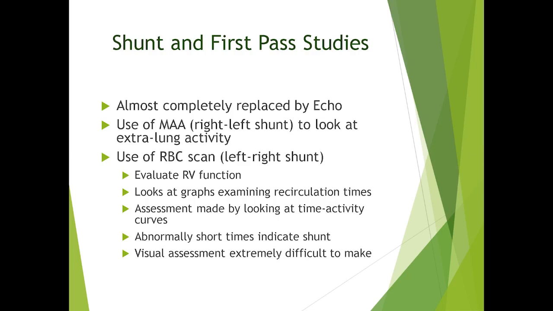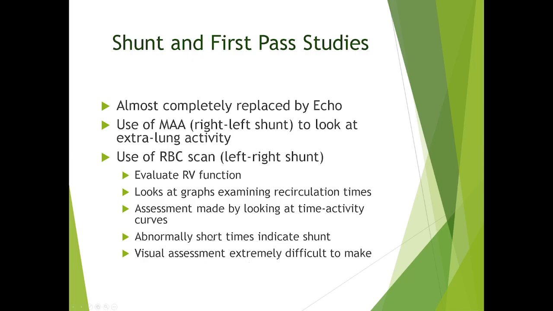For right to left shunt, you want to look at extra lung activity, whereas in left to right shunt, you do an RBC scan, you can evaluate the RV function, and you look at graphs examining recirculation times. The assessment is made by looking at time activity curves, and abnormally short times indicate that a shunt is present.